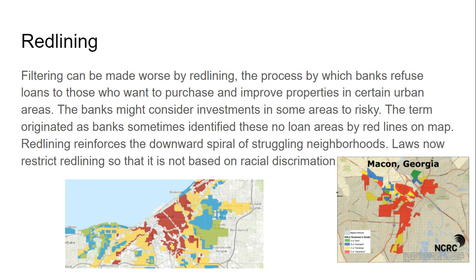It particularly affects minority people, and it makes neighborhoods that are already struggling spiral into even less desirable neighborhoods. Redlining now is outlawed, but it still happens, and it's a form of racial discrimination. So you need a neighborhood or section of your city that is or was redlined, which would now be considered a poor neighborhood.